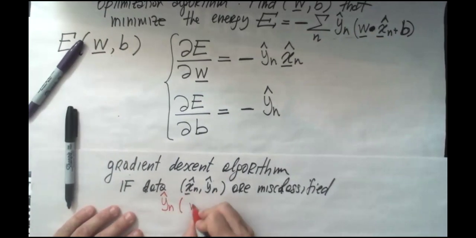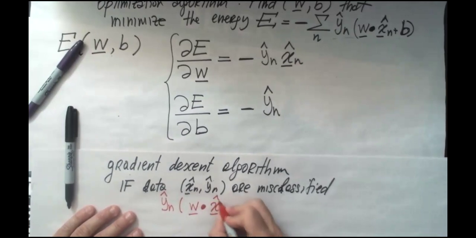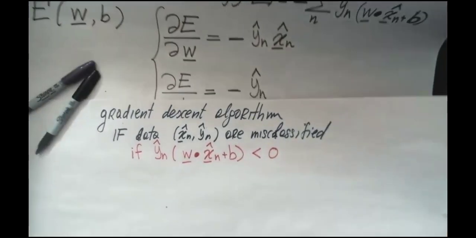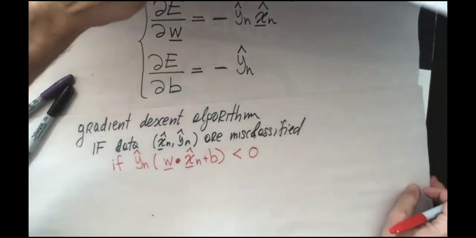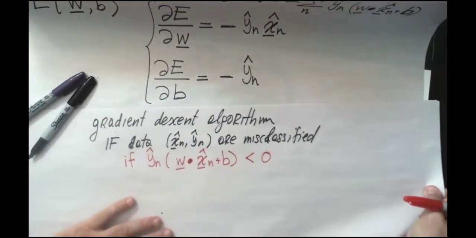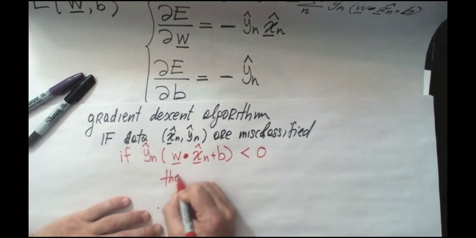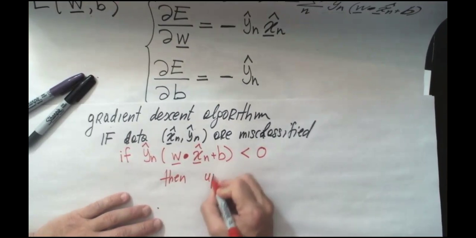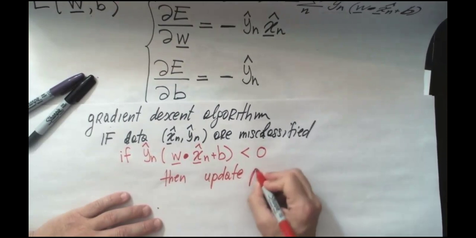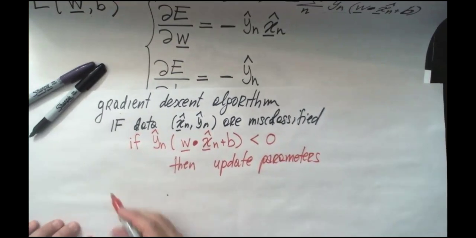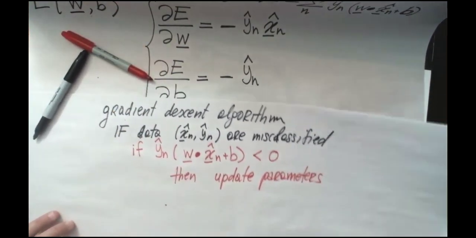This means yn times w dot xn plus b less than 0. If so, then update the parameters following this rule, the gradient rule.